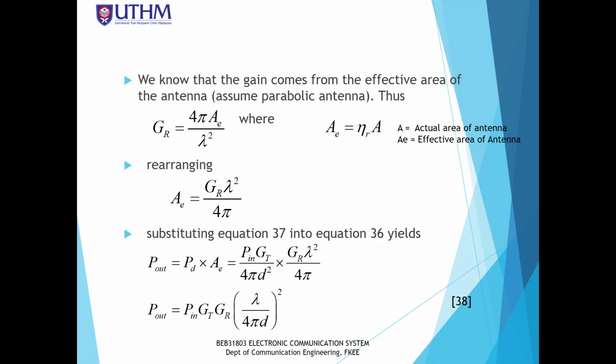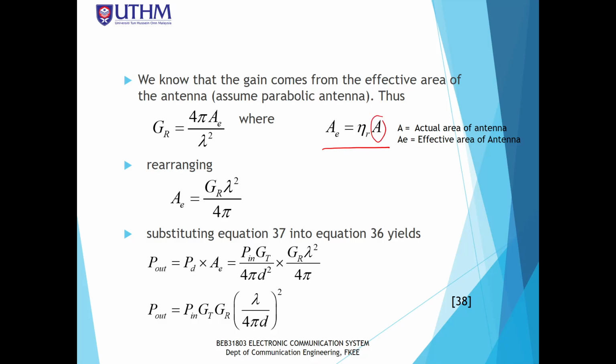Okay, AE is related with GR. Sorry, AE is antenna efficiency, receiving antenna efficiency multiplied with the actual area of the receiving antenna. Actual area, so this depends on the dimension.